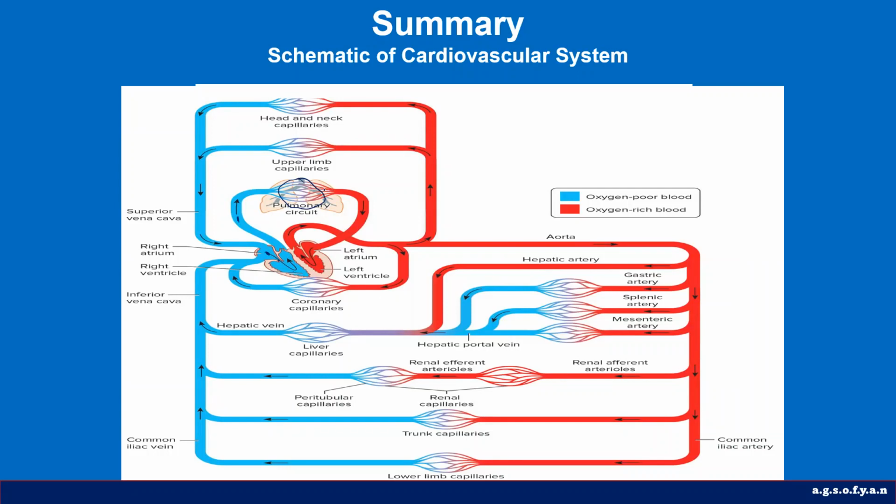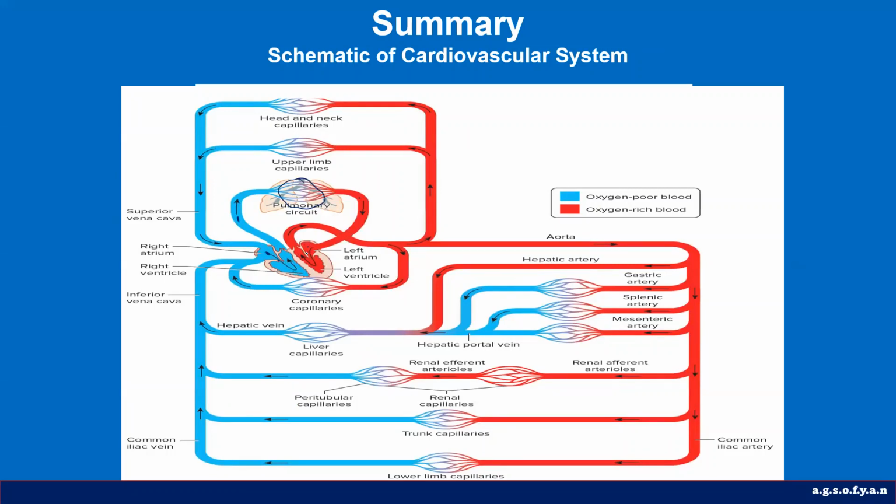Therefore, the blood leaving the lungs will be red in color because it's going to be rich blood. And this is going to be veins. There are 4 of them. Remember, 2 left pulmonary veins and 2 right pulmonary veins will enter into the left atrium. Here, the blood will be red because of a lot of oxygen. So that's the end of the pulmonary circuit.